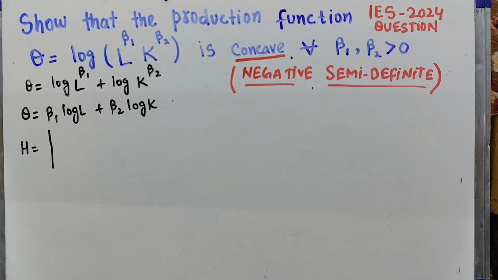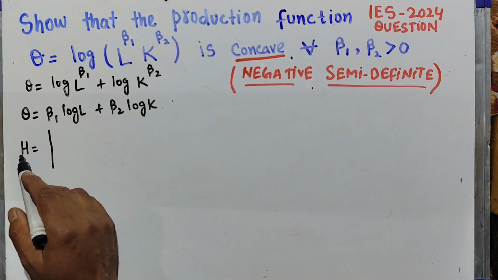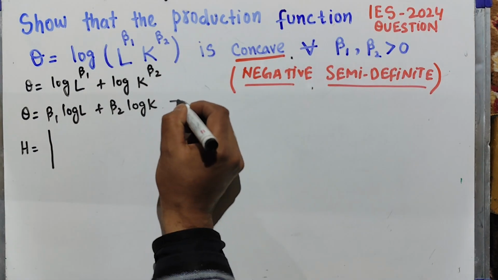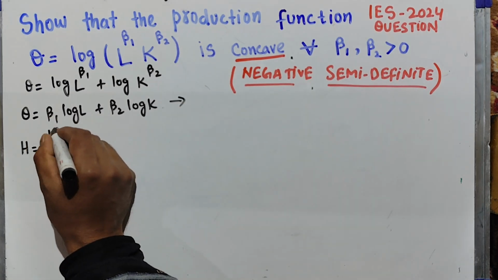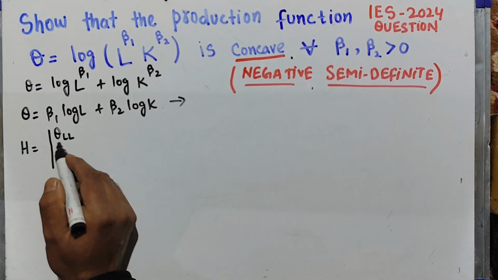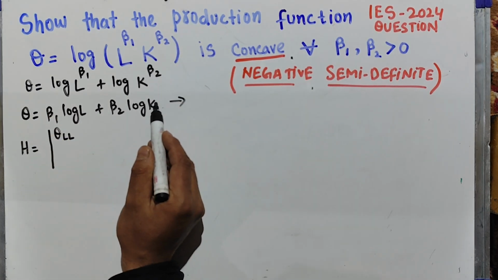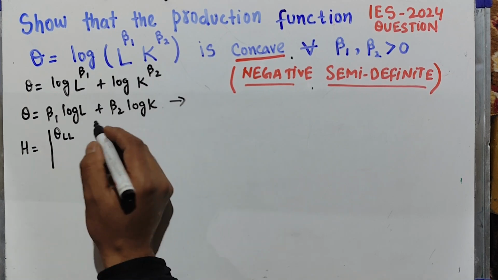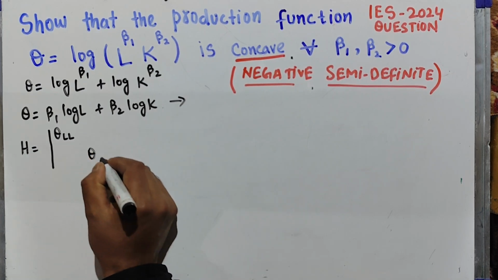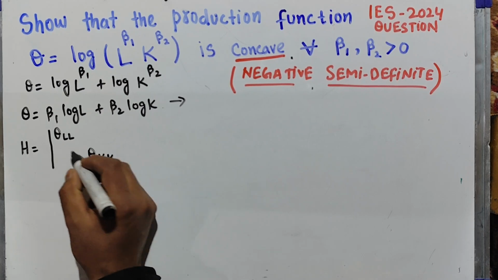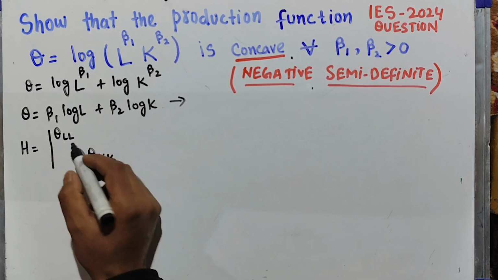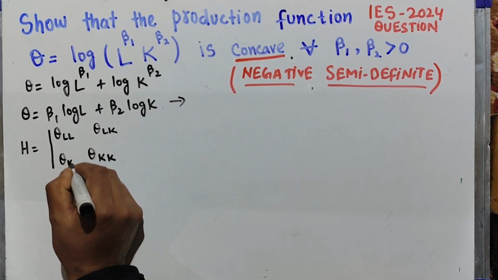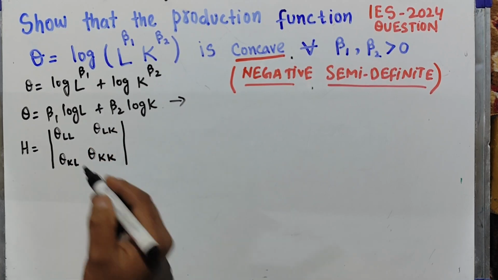And let me write it here. So H will be a matrix which will be formed by the second order derivatives, that is QLL. That means the second order partial of this production function with respect to L. Then we have QKK here, that means this is called the principal diagonal. Then we have QLK and QKL. I need to construct this kind of matrix.